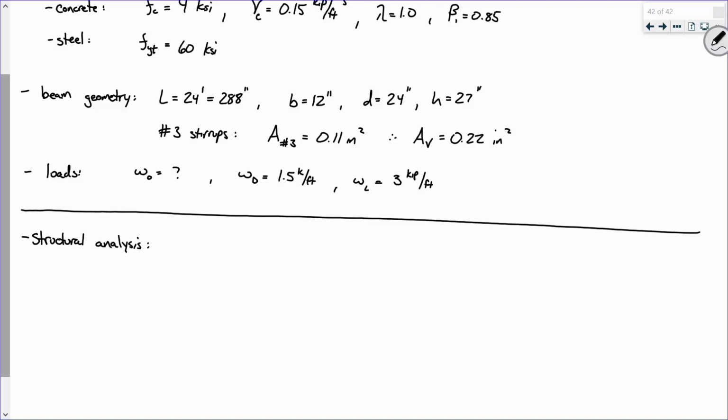Calculate the beam self-weight. And how do I get the beam self-weight? Unit weight times the area. So gamma times b times h.